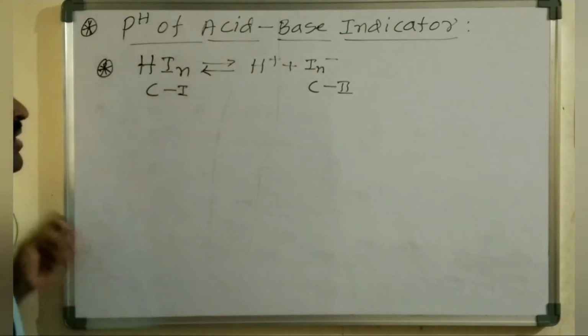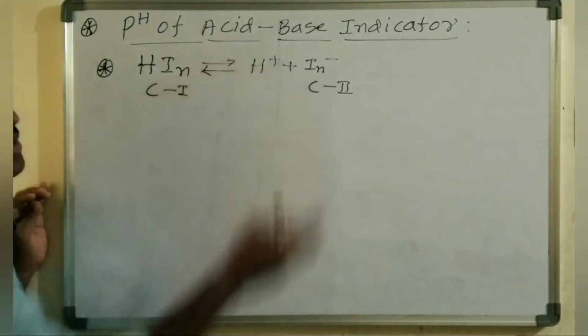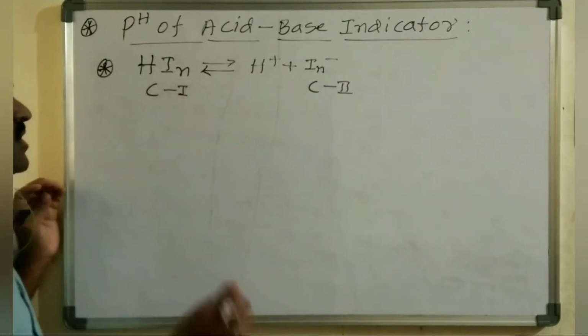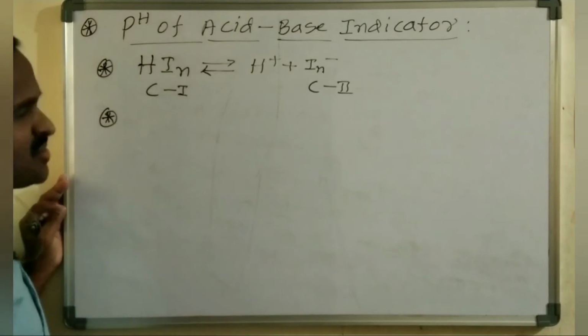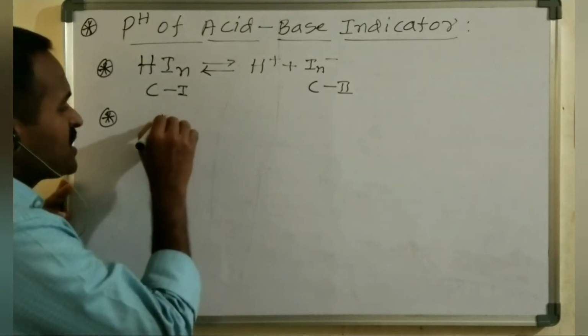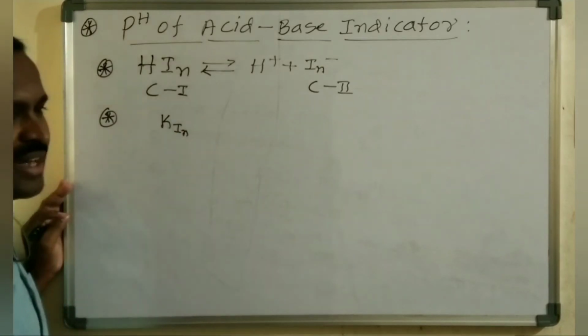Based on that ionic equilibrium, we can write the equilibrium constant, the dissociation constant of this indicator, according to the law of mass action. The dissociation constant of this indicator can be represented by the symbol KHIN.